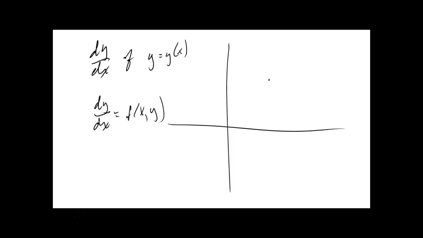Say x equals 7 and y equals 9, so you plug in f of 7, 9. Plug in the numbers, and if you know dy/dx is equal to that, guess what? You know the slope right there.